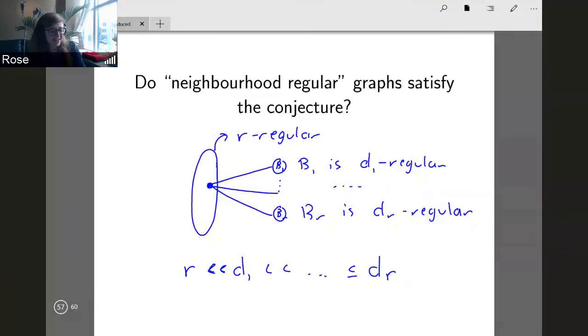But it seems like you can't get a counterexample by using random graphs, to me at least. But yet I have no idea how to actually prove this, even though it's quite concrete. So I think this is maybe the most interesting case remaining for Thomassen's conjecture.